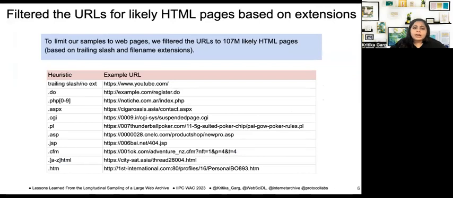To limit our samples to web pages, we filtered these 285 million URLs to 107 million likely HTML URLs. How we did that is we filtered them based on trailing slash and file name extensions such as .do, .php, .cgi, .htm, .html, etc.